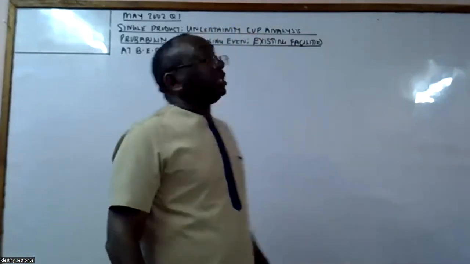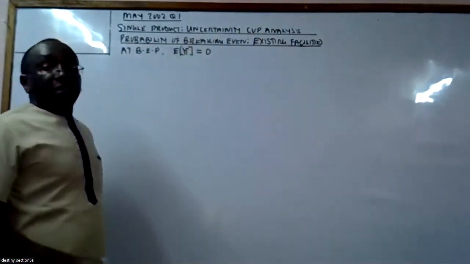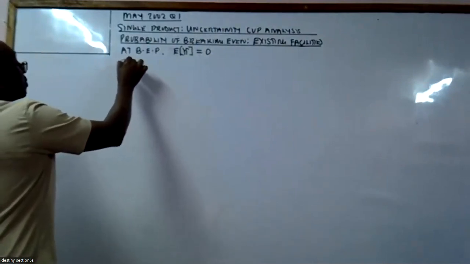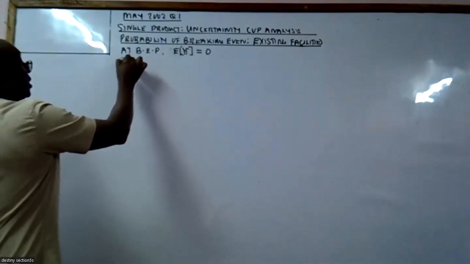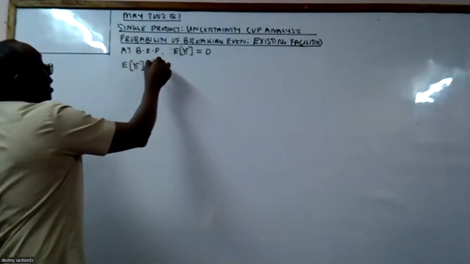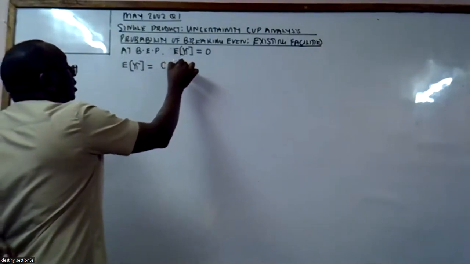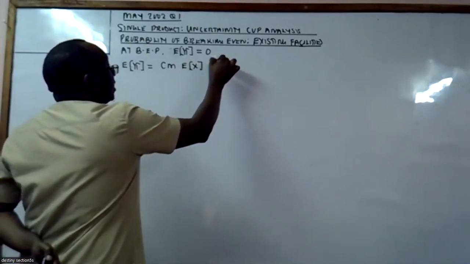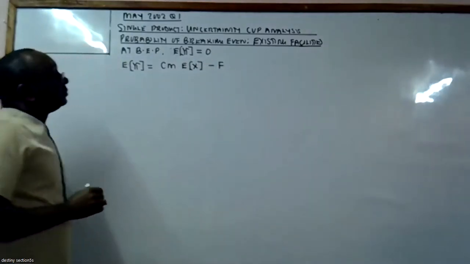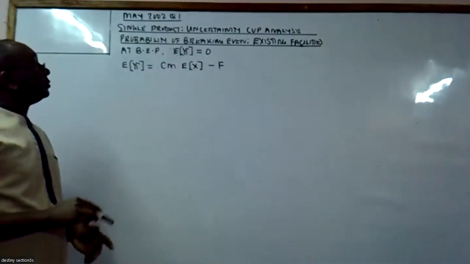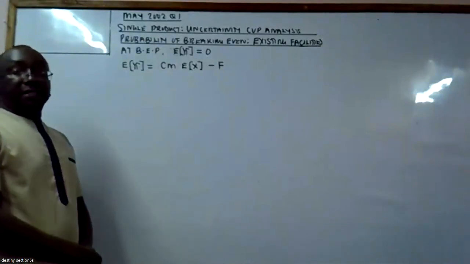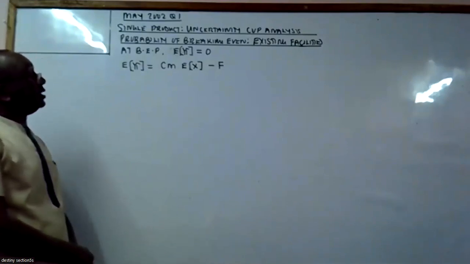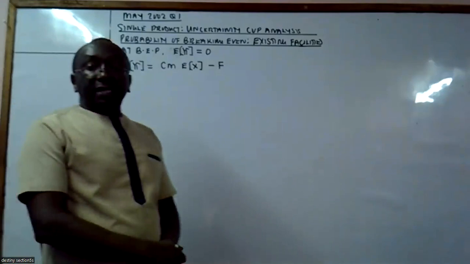When you are in the case of CVP under uncertainty, expected profit is given as the contribution margin multiplied by the expected units minus F.